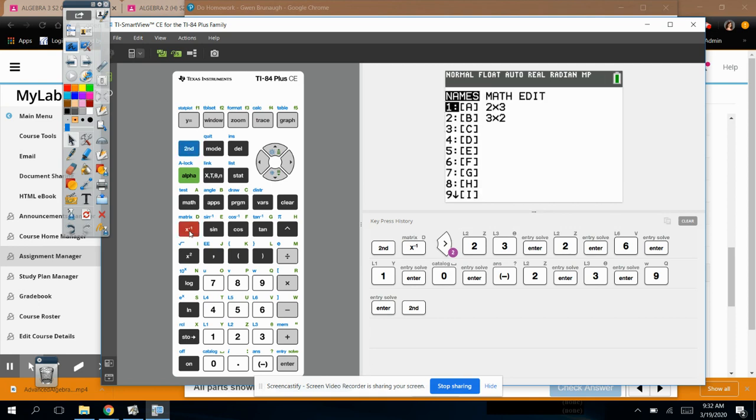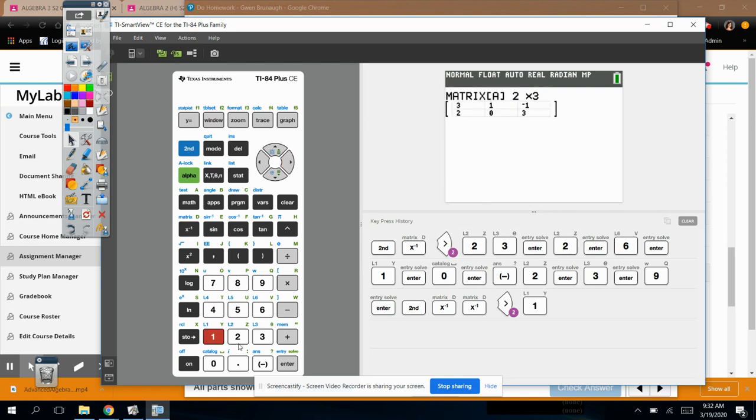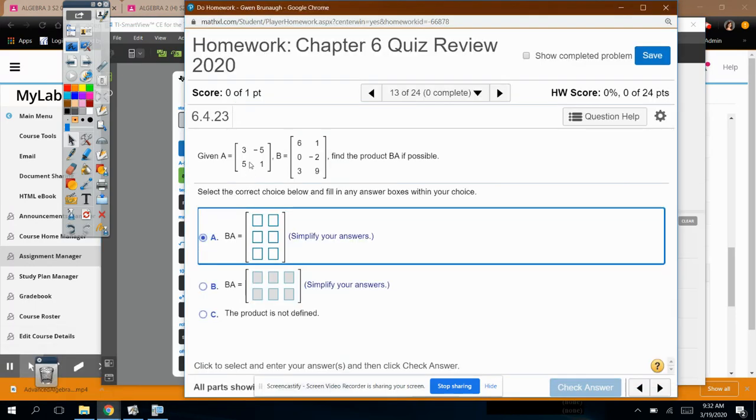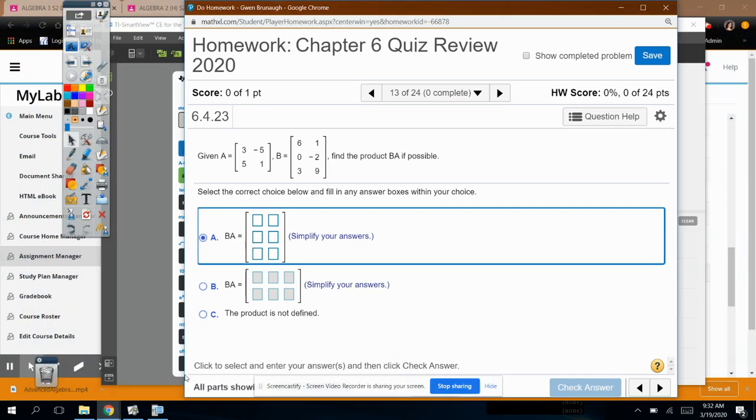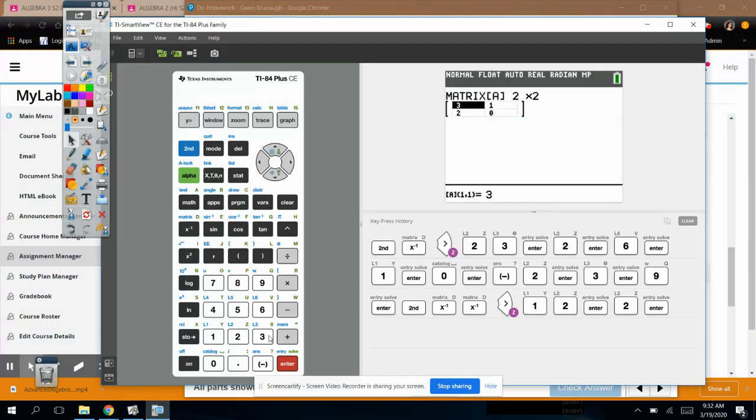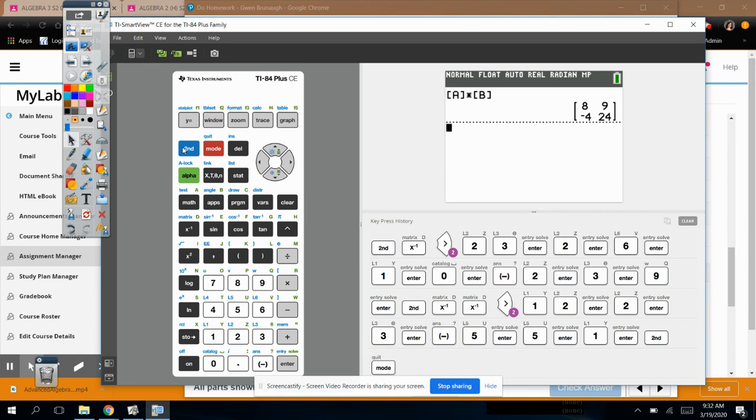Second matrix, go over to edit. A is a 2 by 2. 3, negative 5, 5, 1.